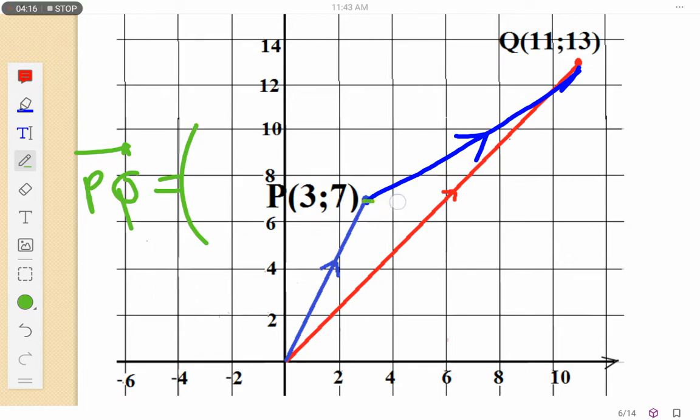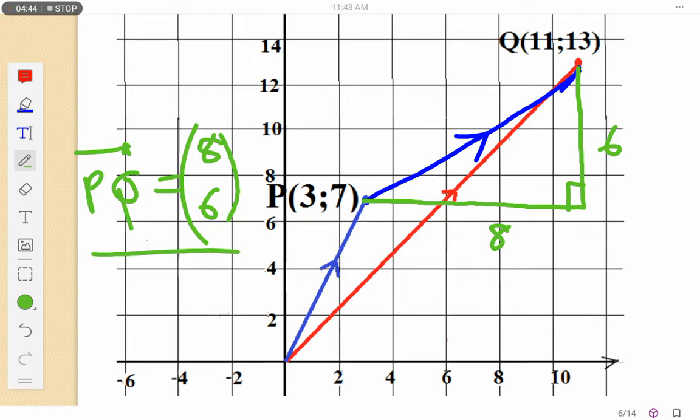So I've moved 2, 4, 6, 8. I've moved 8 on the x-axis. Then on the y, it's also 2, 4, and I've moved 6 there. So I've got 8 and I've got 6. That's the movement that we have done. This is how you get your PQ using the graph method.